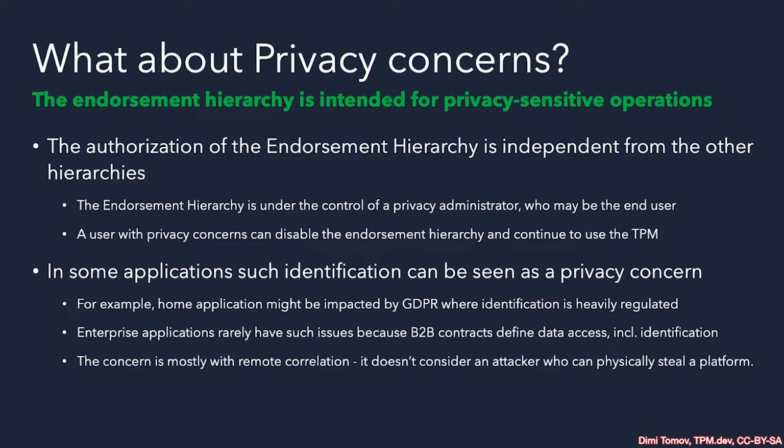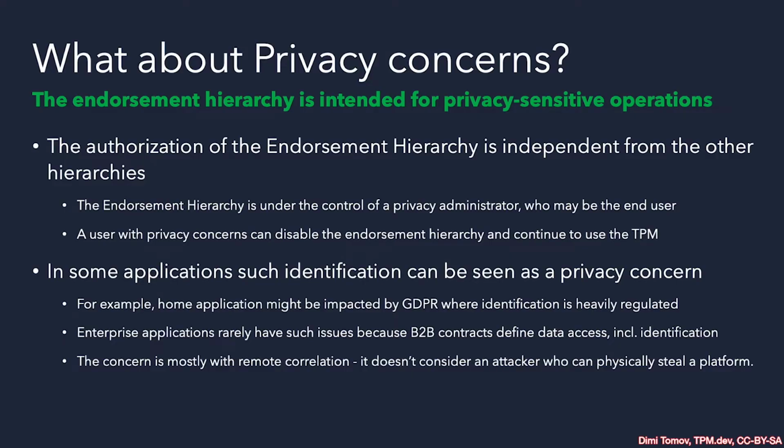The straightforward solution when we have privacy concerns with the TPM is to disable the endorsement hierarchy, thus preventing anyone from establishing a link between the TPM that is soldered on our laptop, or the TPM in our data center, and the identity of the machine. So the machine, in essence, cannot be identified using the TPM-bound identity.